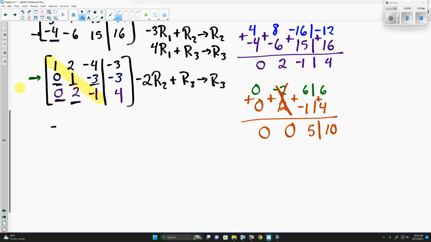Now for our matrix, the first row did not change. The second row didn't change.